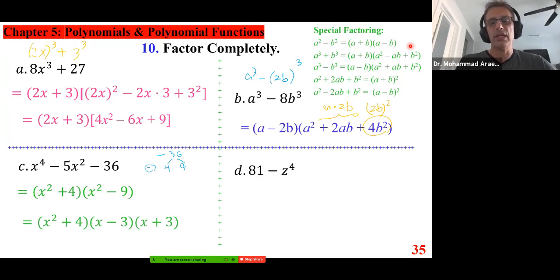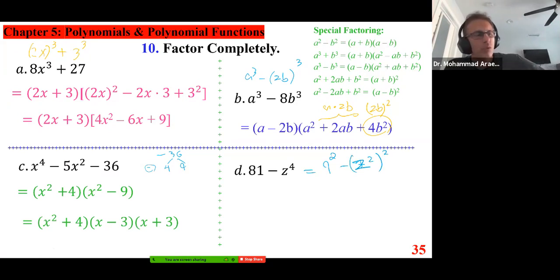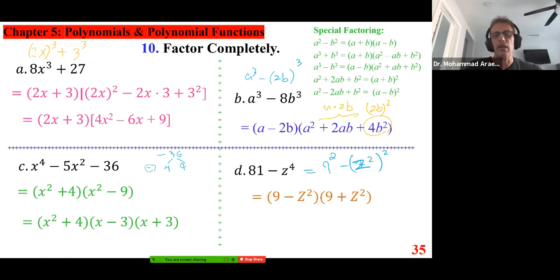The next one, D, again, it's 9. If you want, you can rewrite this as 9 squared minus z squared to the second power. So you're looking at, again, a squared minus b squared, which becomes 9 minus z squared, 9 plus z squared. And the first one follows the same format again, 3 minus z, 3 plus z.